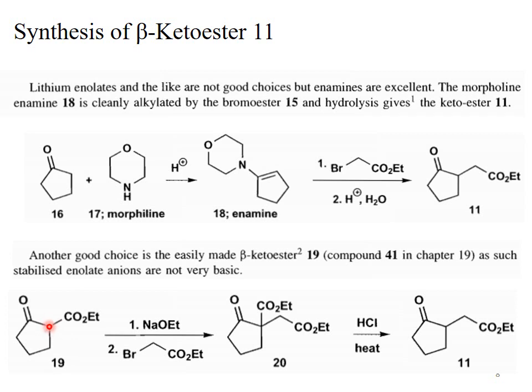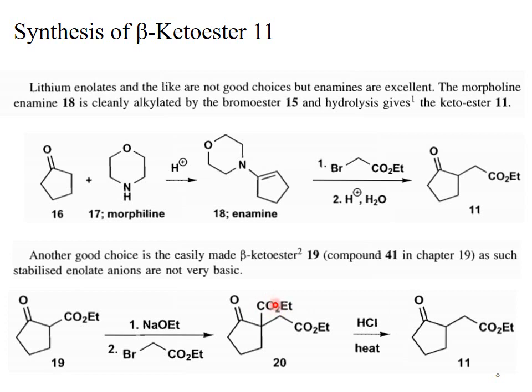Another good choice is the easily made beta keto ester 19 compound. As such, stabilized enolate anions are not very basic. See over here, this is compound number 19. It's a 1,3-dicarbonyl compound.